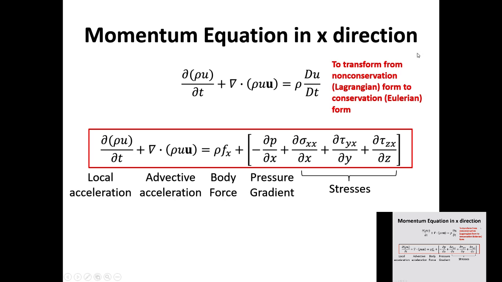That is because in your acceleration term you have two acceleration elements. One is the local acceleration, and the other is the advective acceleration. So local acceleration is the acceleration in time. This is acceleration in space basically. Okay. So local acceleration, advective acceleration, body force, pressure gradient, and the stress tensor. And in the stress tensor you will have the normal stress and the shear stresses.